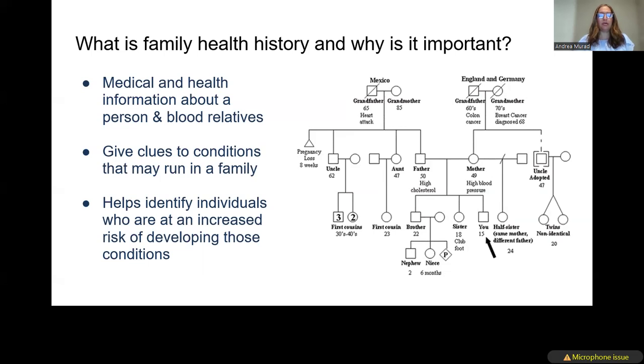So for example, a transgender male would be shown with a square symbol and the acronym AFAB, which stands for assigned female at birth, underneath that square. Additionally, in this pedigree, you can see that anybody who is deceased is shown with a diagonal line going straight through the symbol.